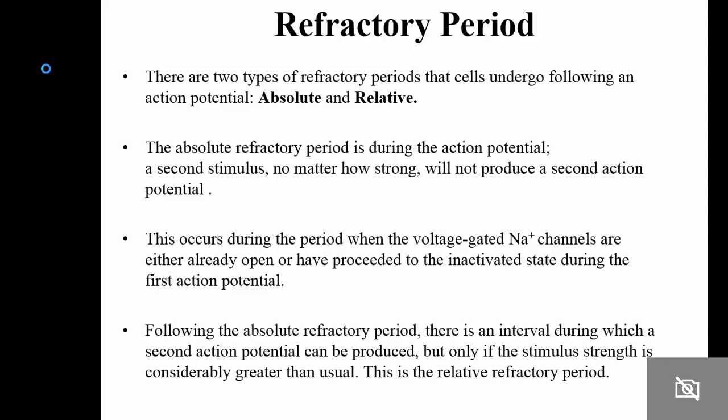All right? It has a protective effect on the neuron or the muscle cell. We're going to see this when we get to the cardiovascular system, especially with the heart, because the heart has a very large absolute refractory period. The muscle does. And it's very protective, because when we're talking about the heart, it's all about timing.